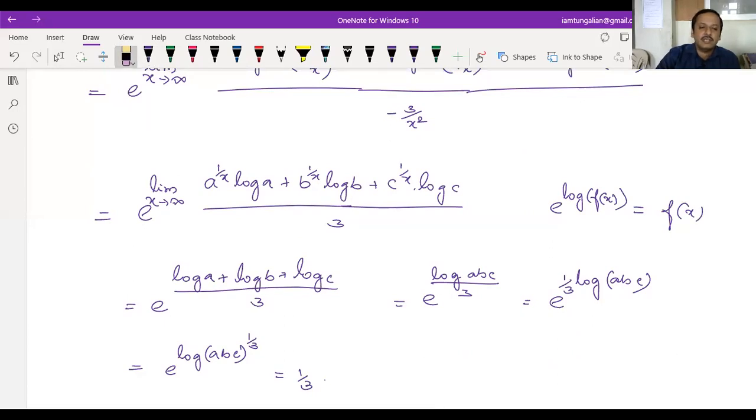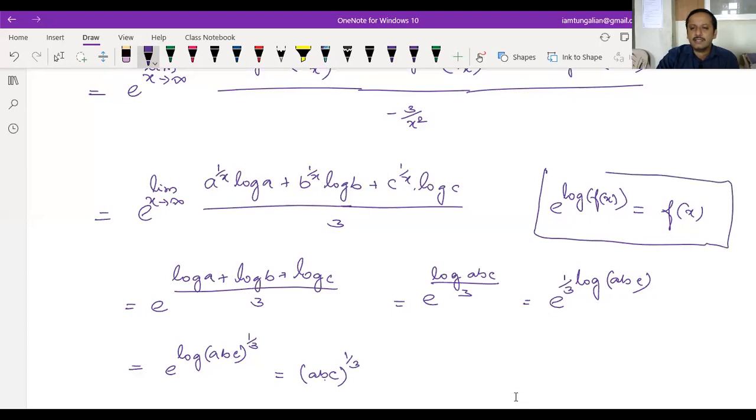This is equal to abc to the power 1 by 3. e power log f of x is equal to f of x. Exponential and logarithms are the inverse of each other. So e power log abc to the power 1 by 3 will be equal to abc to the power 1 by 3.